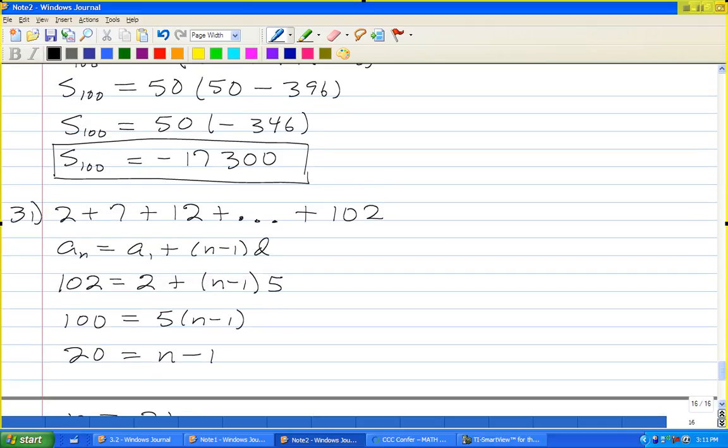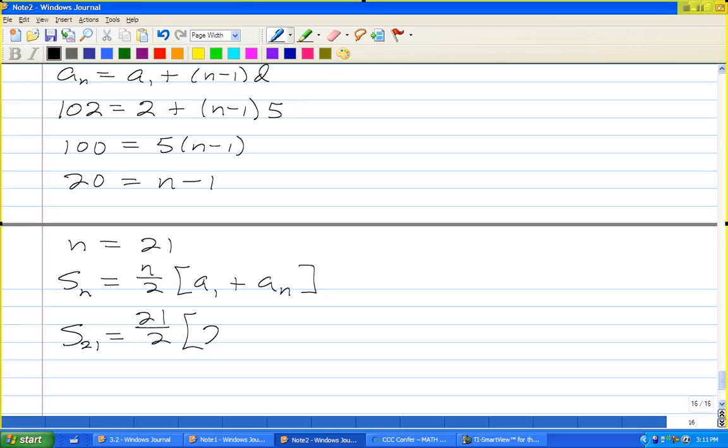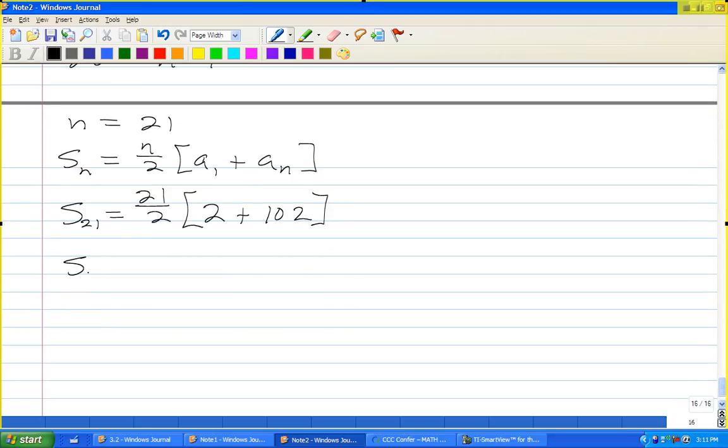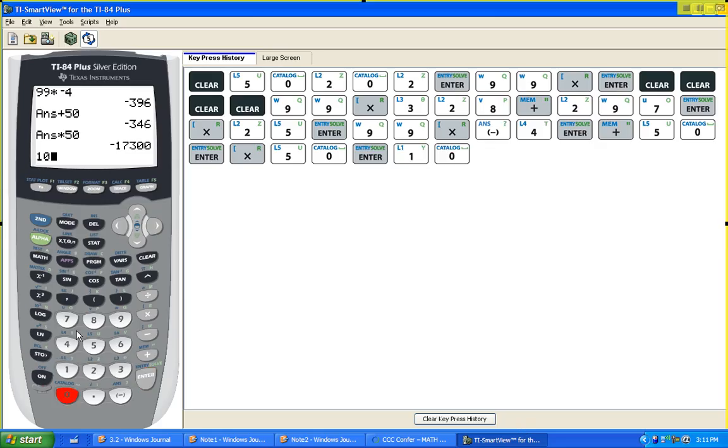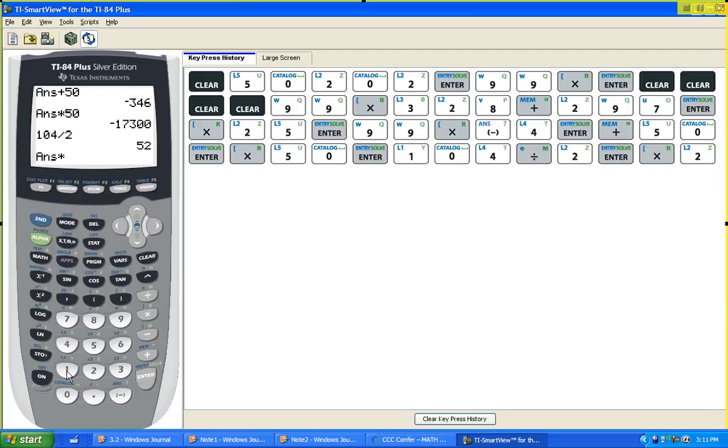The first term is what? 2, and the last term is 102. And so this is equal to 104. So 21 times 52, and then multiply that by 21.